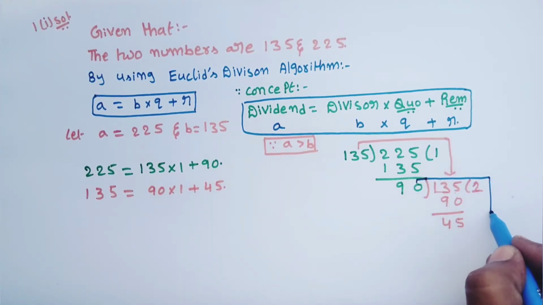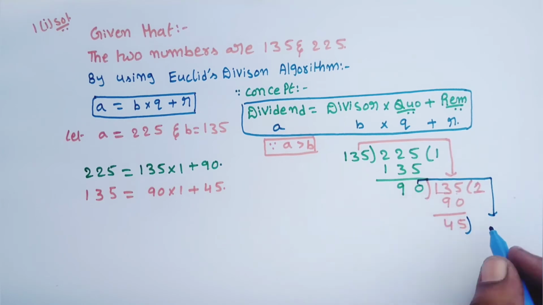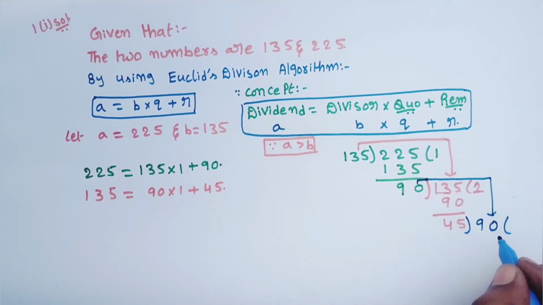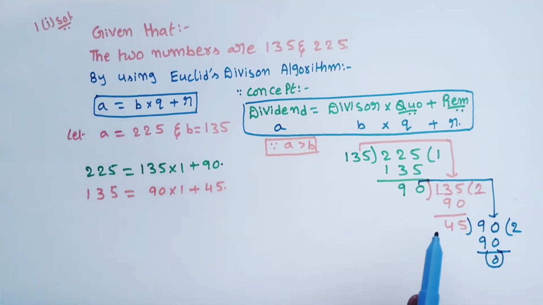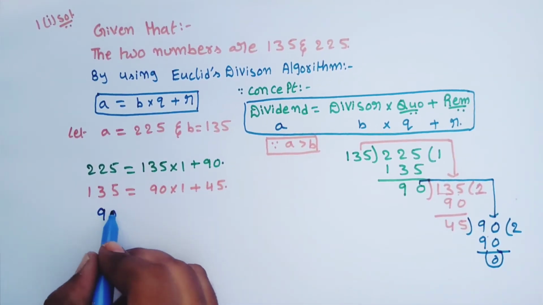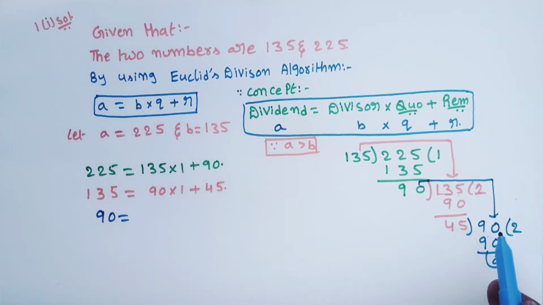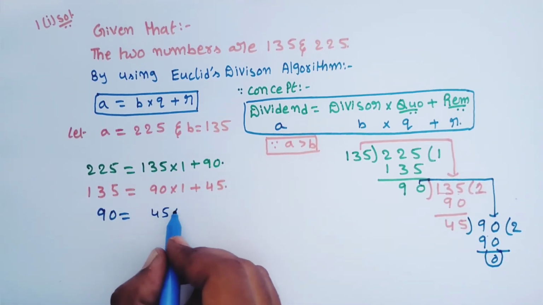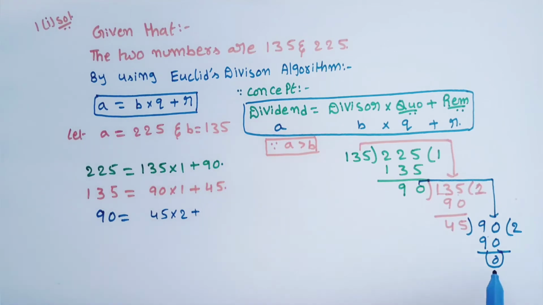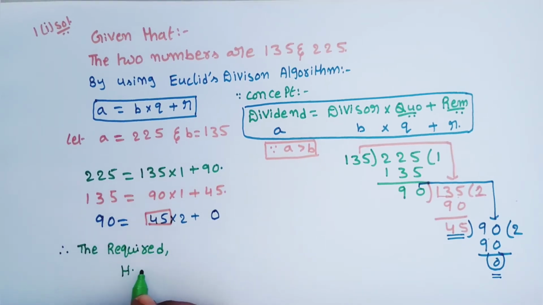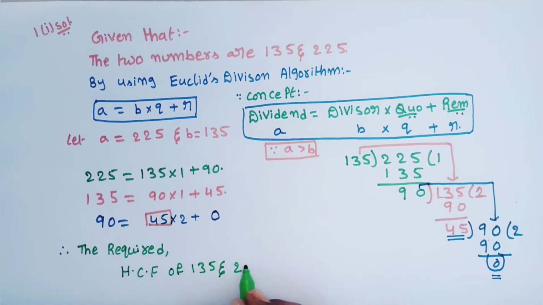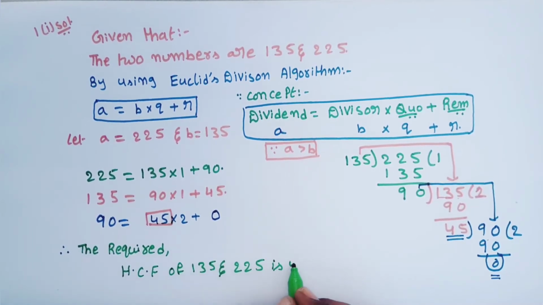Now the previous divisor 90 comes as the dividend. So 45 2s are 90, subtract, we get the result 0, where A value 90 equals 45 into 2 plus remainder 0. The value of R equals 0, so 45 is the result. Therefore, the required HCF of 135 and 225 is 45.